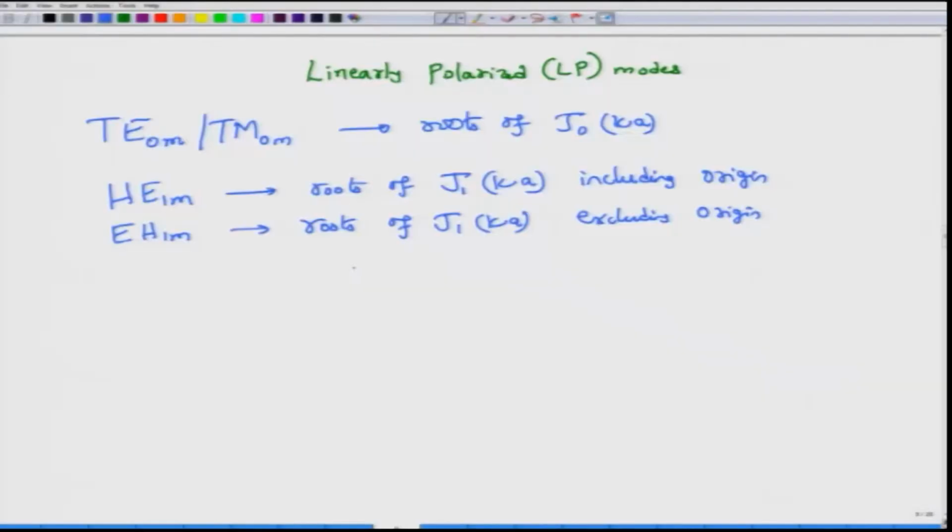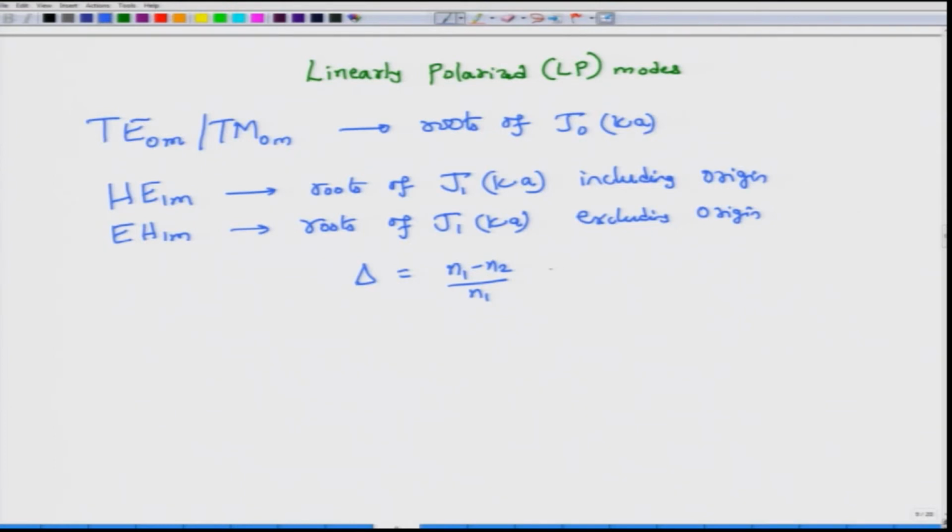And moreover, those solutions that we discussed in the previous modules are valid for any value of delta. However, in practice, especially in single mode fibers, the value of the refractive index difference, which we denote by delta, and this delta is sometimes given as n1 minus n2 by n1, is a fractional difference between the core refractive index and the cladding refractive index.